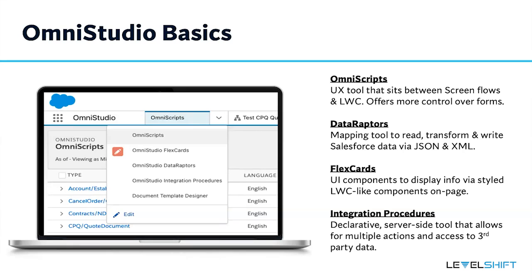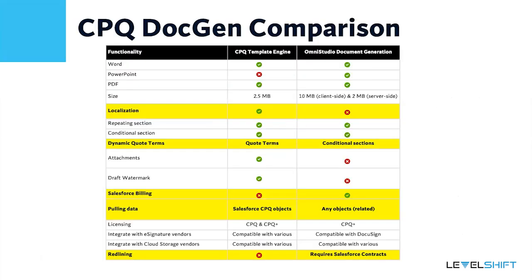This is a server-side tool that lets you build API calls and access third-party data. In the Revenue Cloud world, that's usually an ERP system of some kind, a financial system of record. So that's a broader overview of what OmniStudio is and includes. I know there's some good content out there that goes in depth on some of those, and we hope to do that as well in the future.